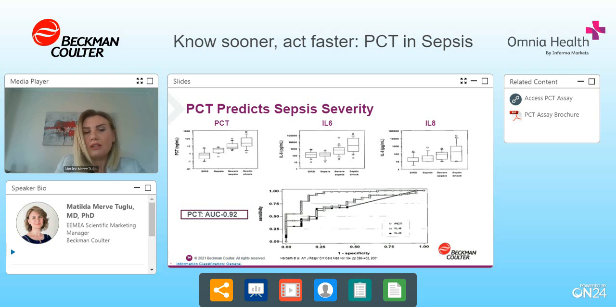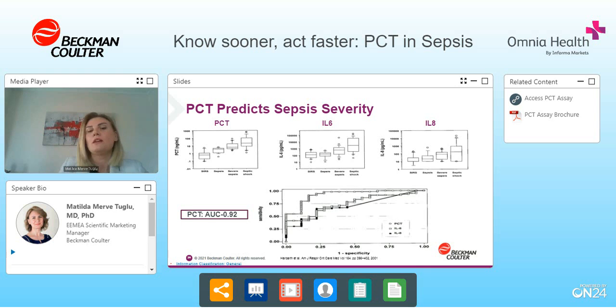Among the potentially useful sepsis biomarkers, interleukin-6, interleukin-8, and procalcitonin have been proposed to be the most promising candidates. The aim of this study was to assess the diagnostic value of procalcitonin, interleukin-6, and interleukin-8, and standard measurements in identifying critically ill patients with sepsis.